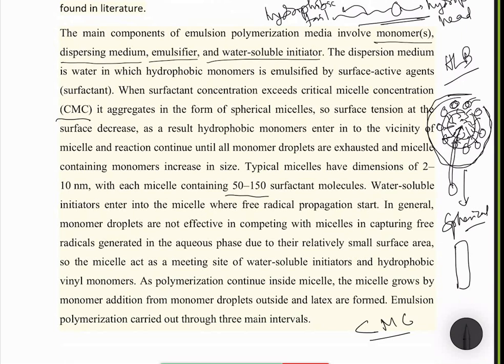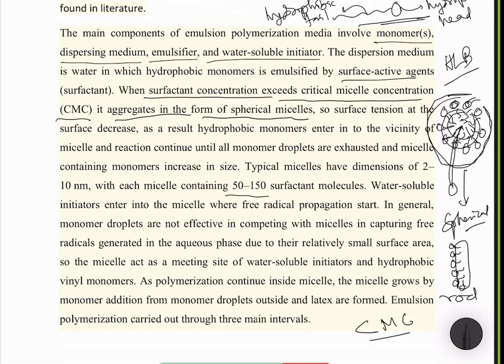Now in this system, the dispersion medium, as I mentioned, is water. The monomer is emulsified by the surface active agents, that is surfactants, and when the surfactant concentration exceeds the critical micelle concentration, it aggregates in the form of spherical micelles, or rod shaped micelles, with the polar heads on the outer side and the non-polar tails on the inner side.